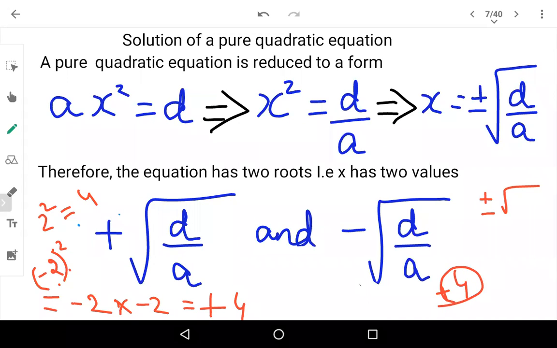So when I find the square root of 4, I can write it as plus 2 or I can write it as minus 2 also, because 2 square is 4, minus 2 square is also 4. Did you all understand the concept? Why we write plus or minus?